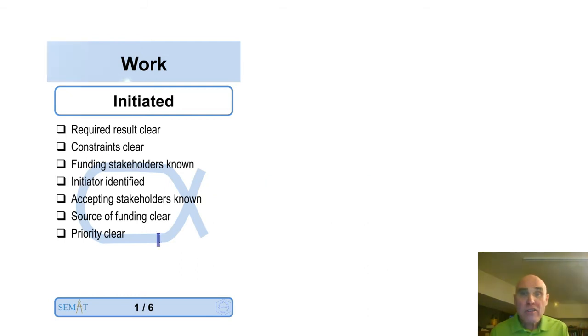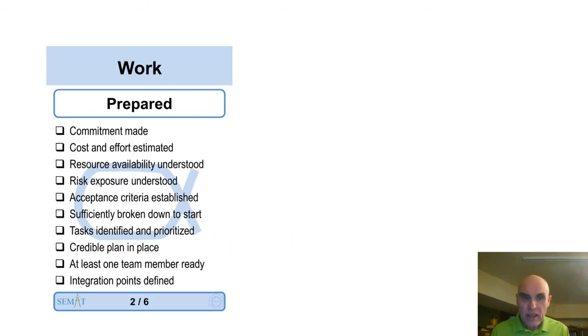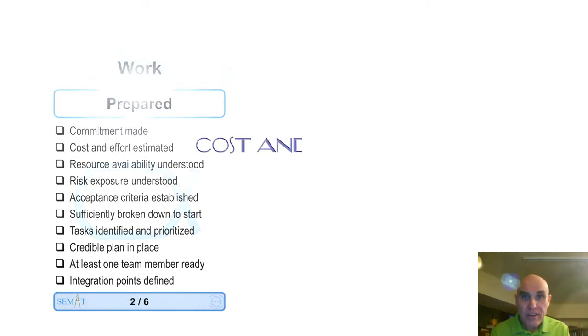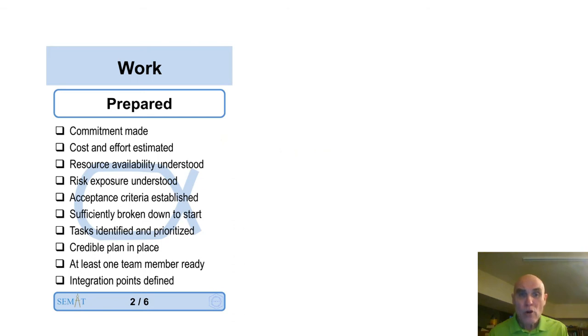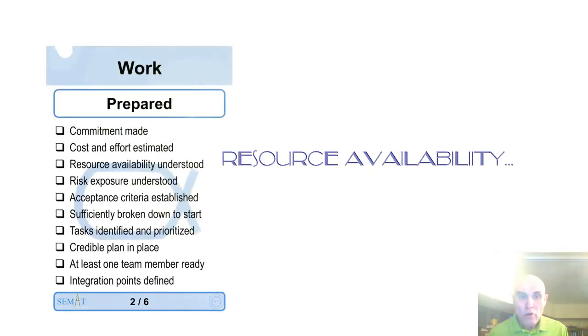And we know, because of the need to balance the diverse concerns of stakeholders, we need to make sure the priorities are clear. If we turn to the work prepared state, you can start to get a sense for some of those priorities for the key stakeholders who are funding the system: cost and effort estimated, resource availability, risk exposure.